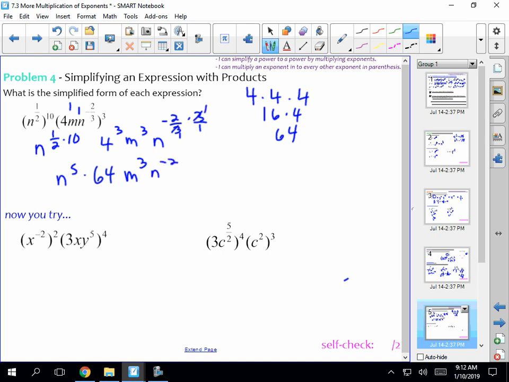Now, this is not simplified completely because I have 2 n's in the problem still. What do I need to do on the powers on n's, Gracie? What do I need to do on the powers on these n's? So it's 64, m to the 3rd, and then n to the 3rd as well.